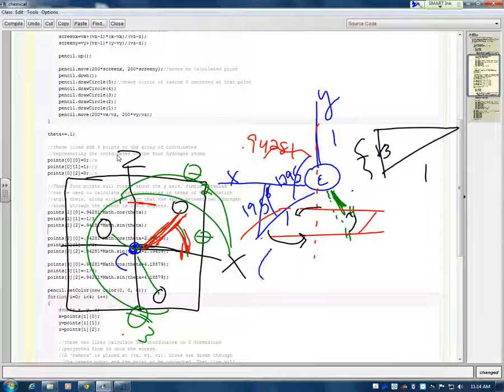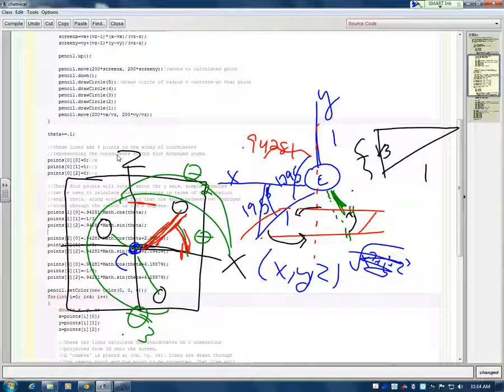So if you have a point x, y, and z in three-dimensional space, the magnitude we say is the square root of x squared plus y squared plus z squared. It's basically the distance from that point to the origin, and that right there is the magnitude, which I'm going to say is r.